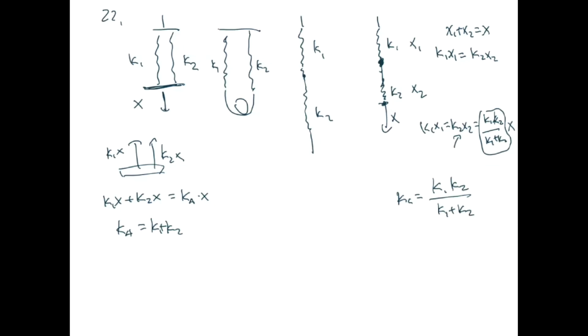Now, what about the case for the pulleys? We'll have the same thing here, except when we pull this by a distance x, this side will get longer by x, and this side will also get longer by x. So we'll also have K1 x1 equals K2 x2.